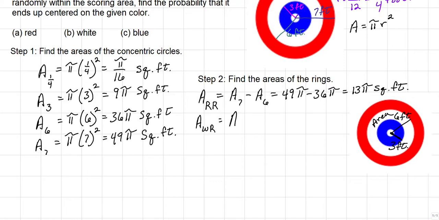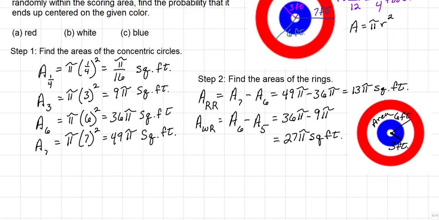So we'll say A sub 6 minus A sub 3, and that will be equal to 36 pi minus 9 pi. And this is going to be equal to 27 pi square feet. Now, that's the area of the white ring.